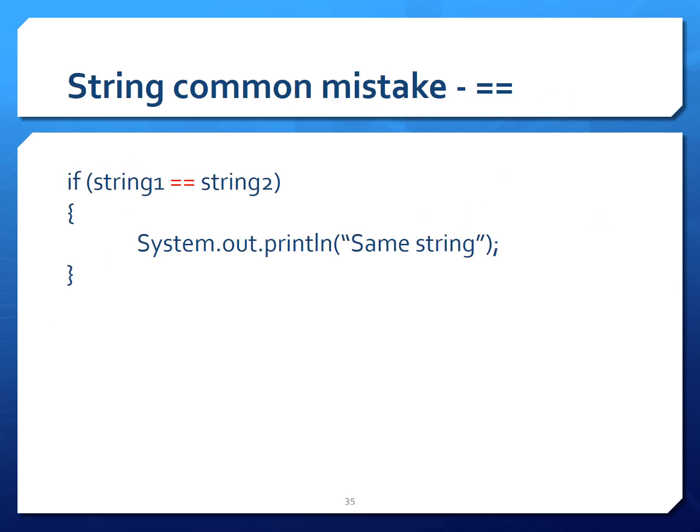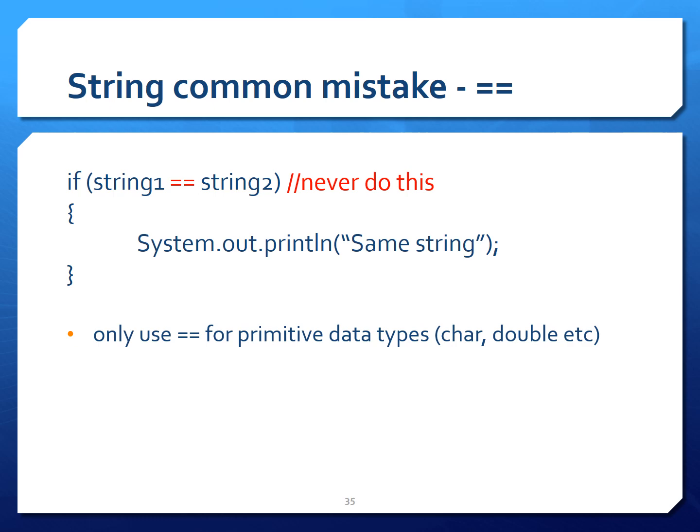One important thing to remember: do not use the equal sign to compare the content of two strings. Only use the equal sign for primitive data types. String is a non-primitive data type, and therefore we cannot use the equal sign to compare the content of two strings.